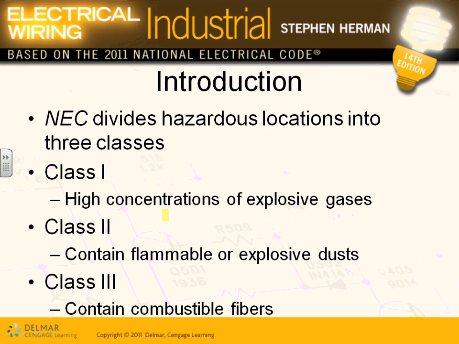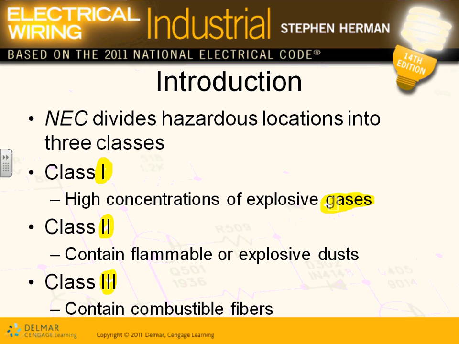Okay. The code, guys, classifies the hazardous locations into 3 classifications. These are very important to understand, especially in the industrial. Class 1, Class 2, and Class 3, as you probably by now know. Class 1, the most important thing about Class 1 is the term gas or vapor-produced gas.